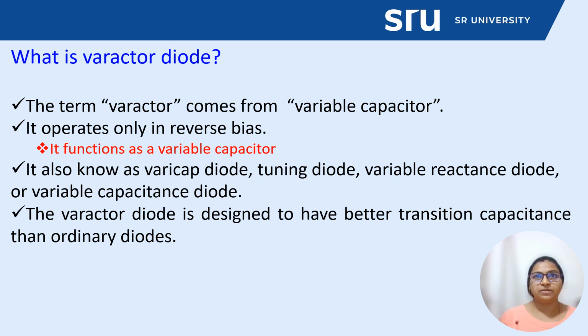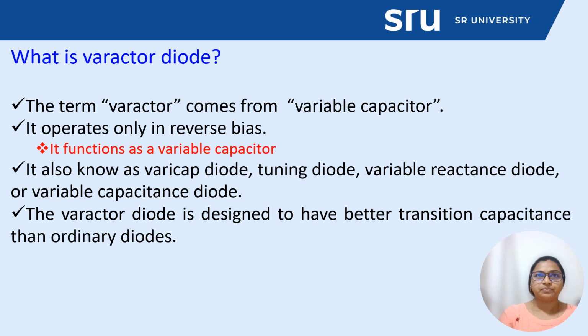The Varactor diode acts like a variable capacitor under reverse bias. This diode is also called a varicap diode, tuning diode, variable reactance diode, or variable capacitance diode.